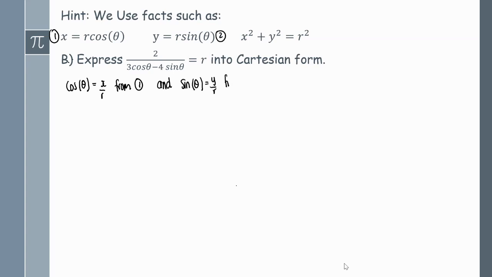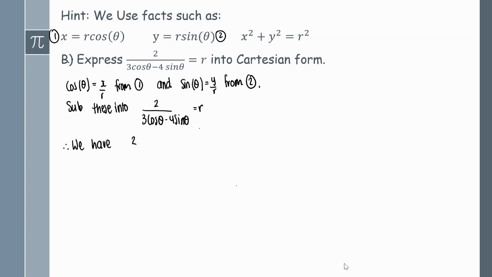I can also say that sine theta equals y over r from equation 2. And I'm going to use this because I have a cos theta and a sine theta on the denominator of my polar equation. By subbing these in, I'm going to be able to first get rid of my thetas.